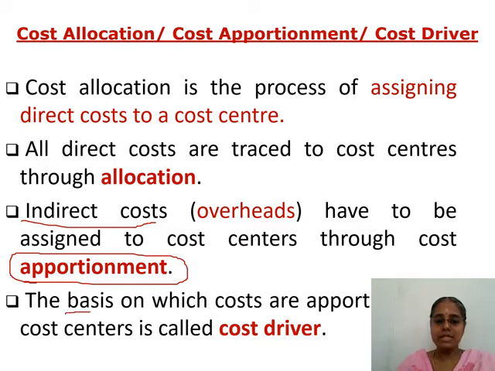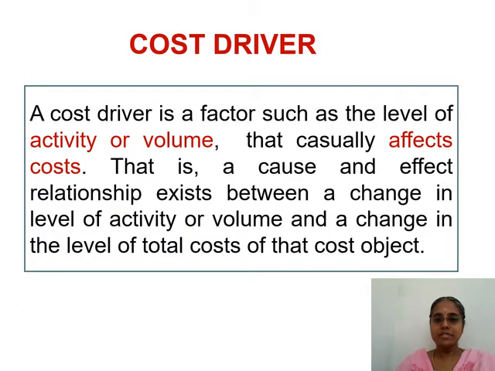The basis on which you apportion is called the cost driver. The cost driver is a factor in which the level of activity or volume is used. That is the one which affects the cost, which is the major cause for that effect.